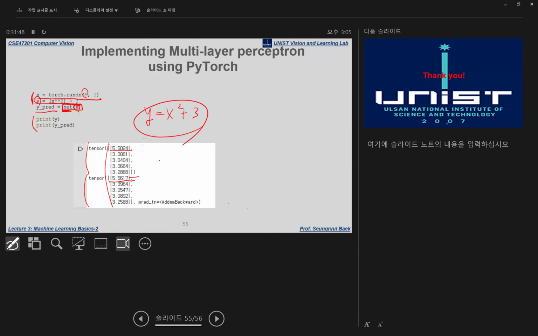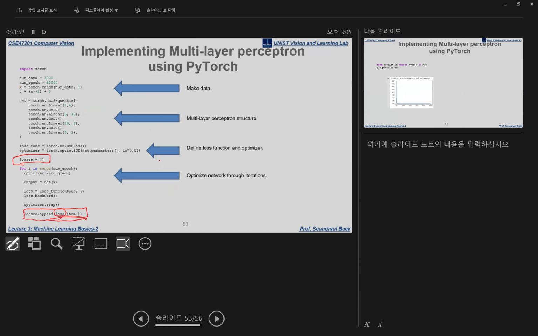So, if we only stack linear layers, that does not represent nonlinear equations. This is the equation for a straight line. This linear equation can only explain the data lying on this straight line.